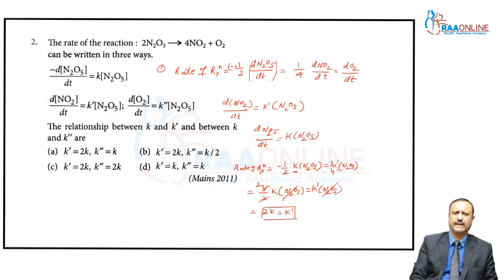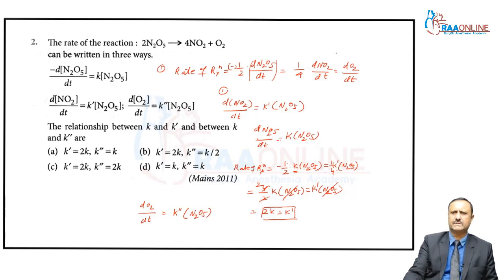So my dear students, here A and B options are the correct answer, but you can see here K double dash is equal to K by 2. Now we can see another relationship, the first type, where d[O2]/dt equals K double dash [N2O5].